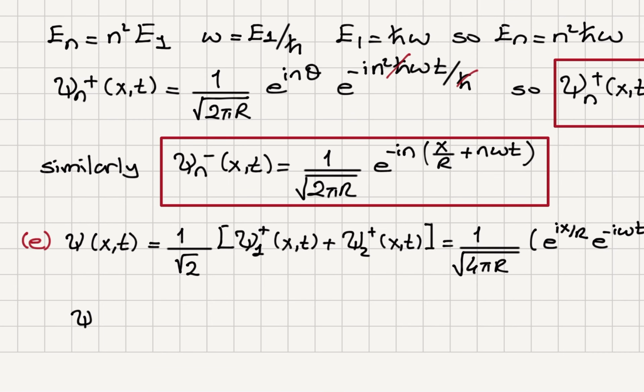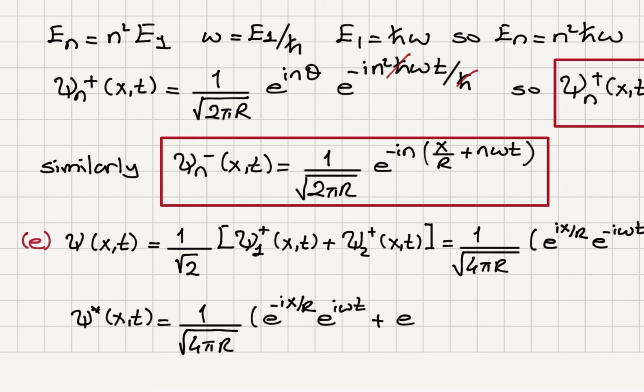And the complex conjugate psi star of x and t for this state is 1 over square root of 4 pi R, e to the minus i x over R e to the i omega t, the complex conjugate of the first term, and then the complex conjugate of the second term, e to the minus 2i x over R e to the plus 4i omega t.